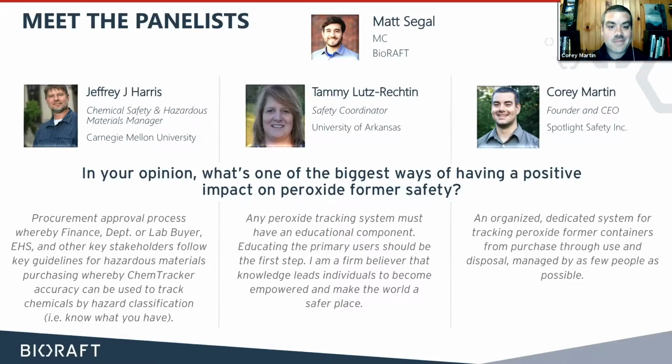I'm not saying that they missed it intentionally, but there are certainly ways to obscure some of those more hazardous materials from chemical inventories that you're submitting for safety review.